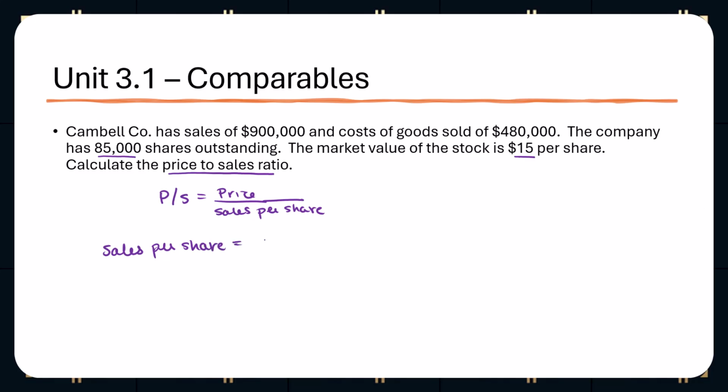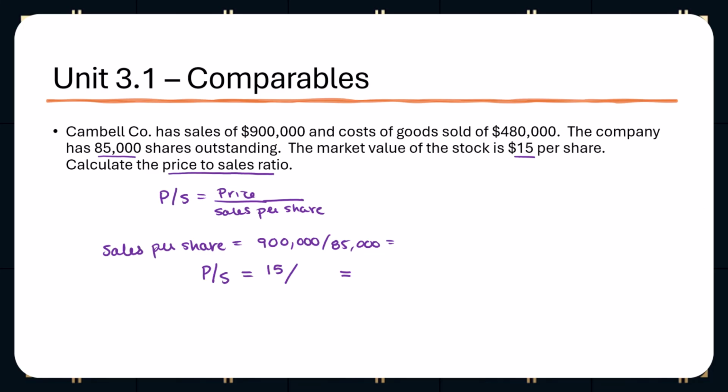Sales per share are going to be the 900,000 in sales divided by the 85,000 in shares outstanding. Once we get that information, we will have sales per share. And then to find our ratio, we'll simply take the $15 divided by that answer, and we will get the price to sales ratio.